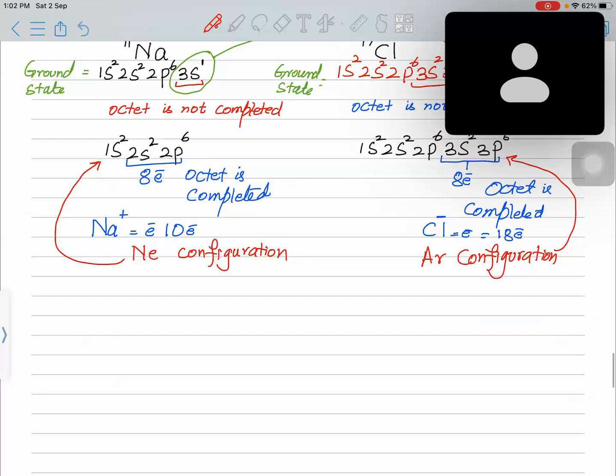Now look at the sodium structure. This is the first shell, this is the second shell, and this is the third shell of sodium.